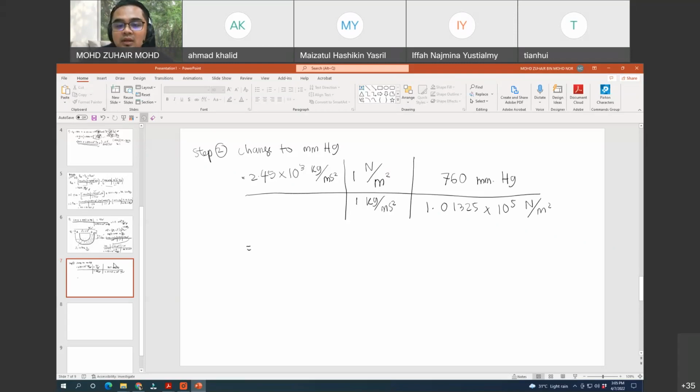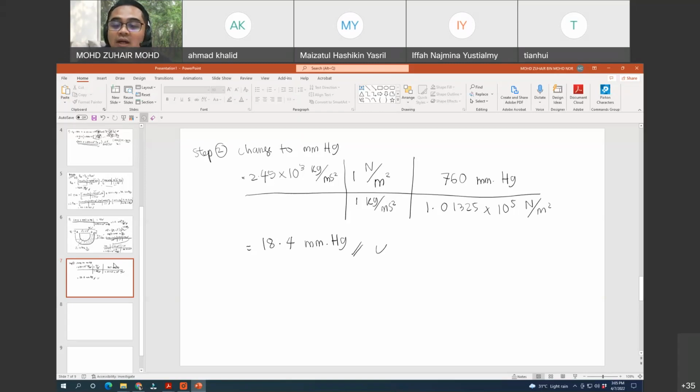So at the end, you are going to get the final answer of 18.4 millimeter Hg as the pressure in the manometer. So this is the final answer.